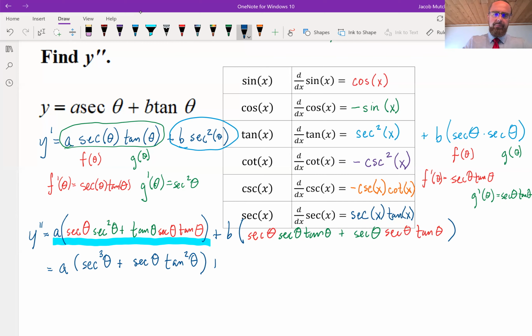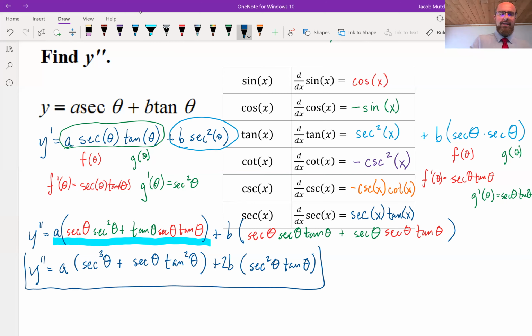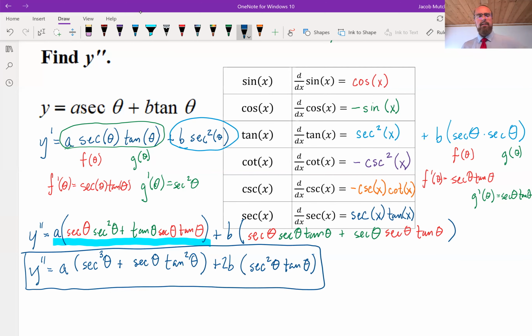For the second term, plus b, here I've got secant squared of theta tangent theta, but I've got two of them and they're identical. So I'm going to bring that 2 out front with the b, and that really completes our second derivative. The second derivative of y is a times the quantity secant cubed theta plus secant theta tangent squared theta, plus 2b times the quantity secant squared theta tangent theta.